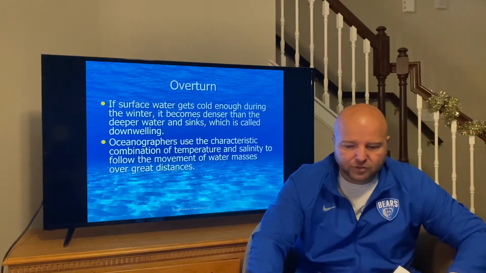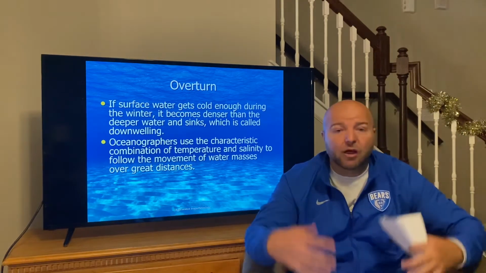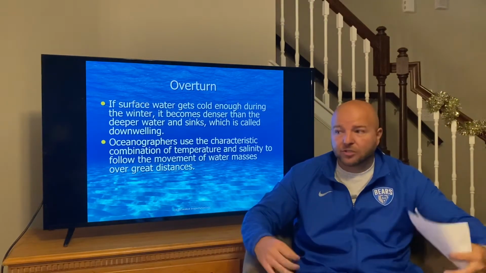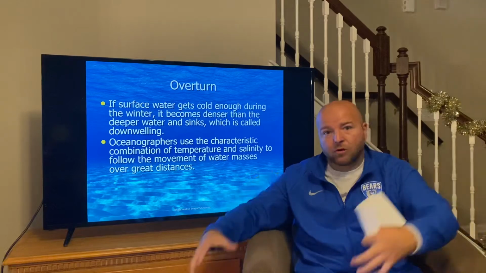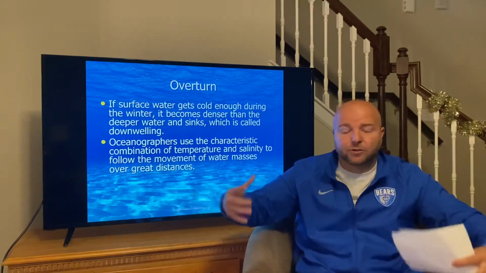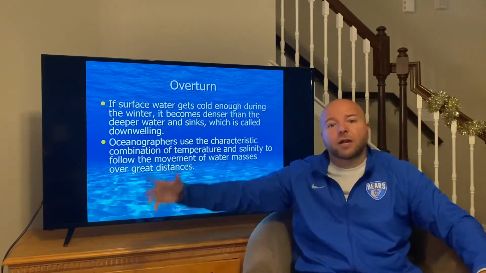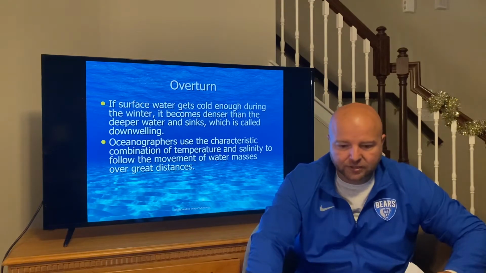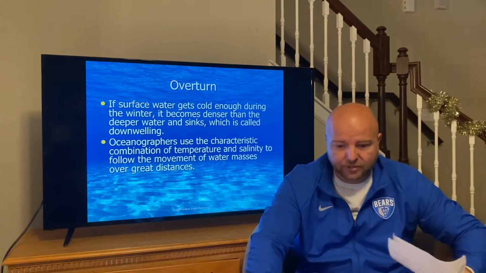And oceanographers use the combination of temperature and salinity to follow these large masses of water. They can predict based on temperature and salinity how the water is going to move up and down, sort of a roller coaster ride that water goes on throughout the planet based on salinity and temperature and therefore density.